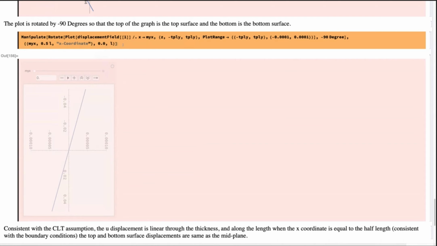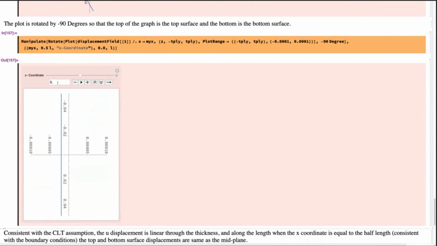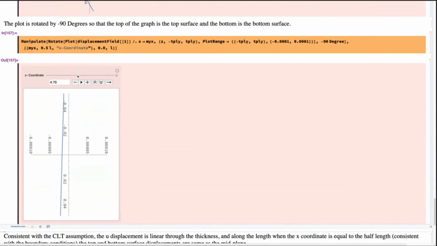Let's say x coordinate, and the default is 0.5 L for the x location. So same plot, x coordinate, I'm going to be sliding. And this is 0.5 L, which is 5 units.